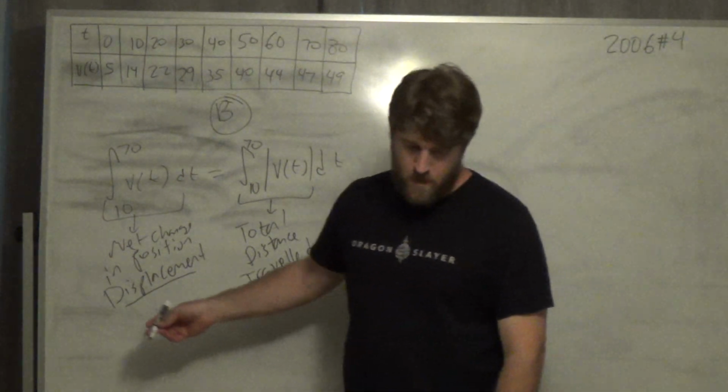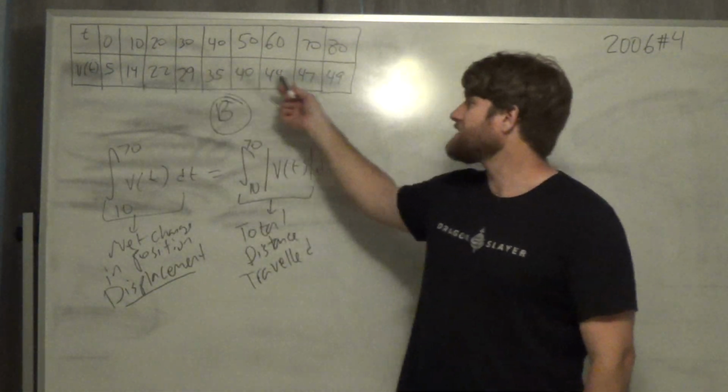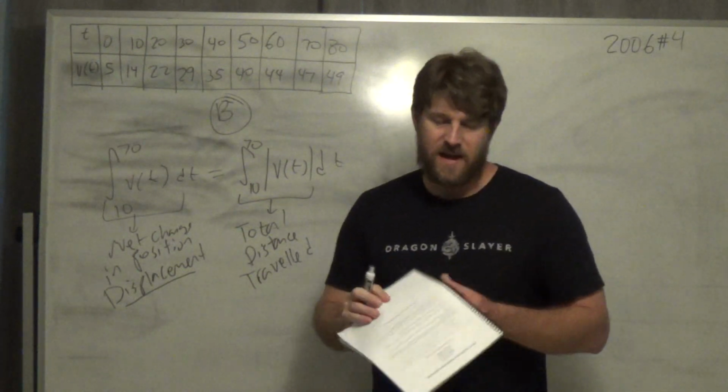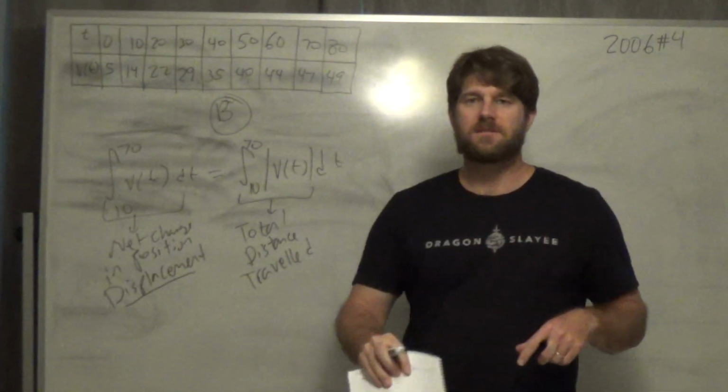And if you look here, the rocket has a positive velocity the whole time. In fact, they start off by saying rocket A has a positive velocity.